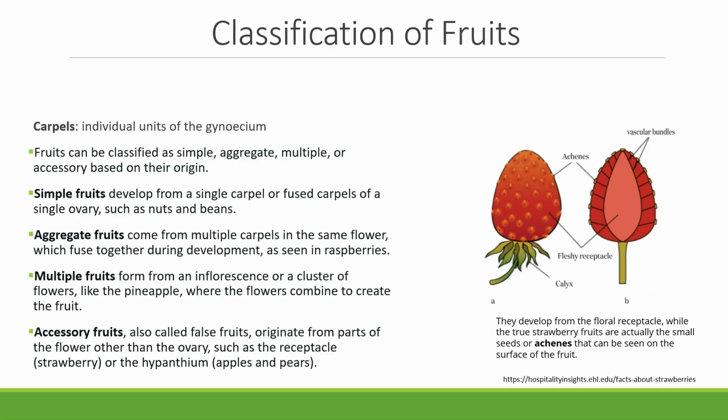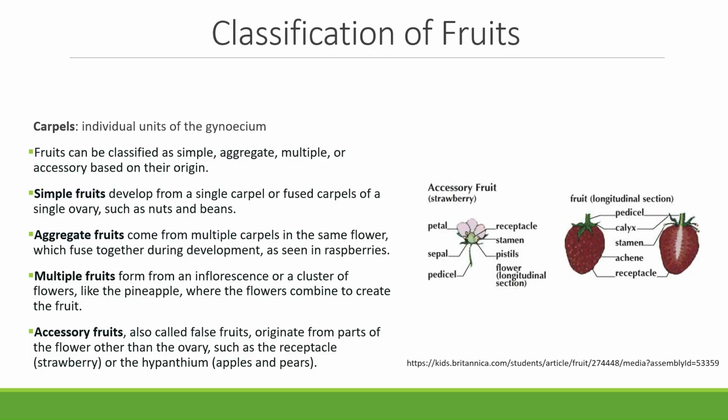And finally, accessory fruits originate from tissue other than the ovary. The main fleshy part comes from the receptacle or hypanthium, while the true small fruits are embedded within or on the surface. A great example here is a strawberry, where the receptacle forms that fruit in the accessory fruit.